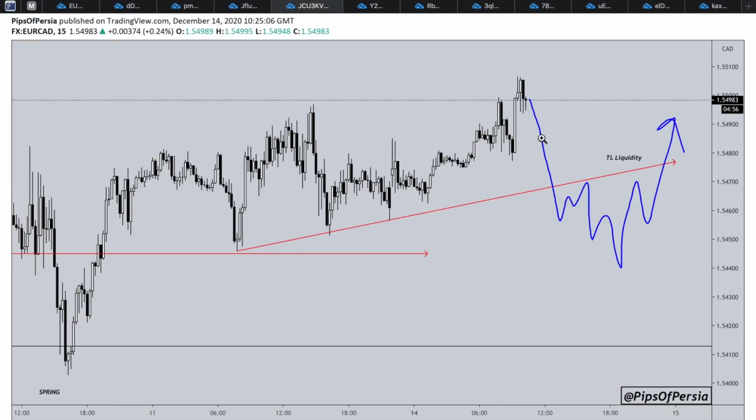This wasn't necessarily a major point in the analysis, but as we started to move away from that spring and started to little by little challenge structure points to the upside, we created this bullish trend line that I personally didn't really like the looks of. Now, there's a difference between expecting the market to do something versus reacting to what it does.